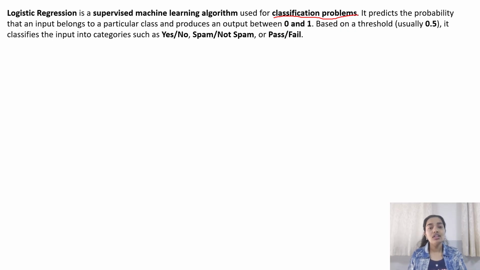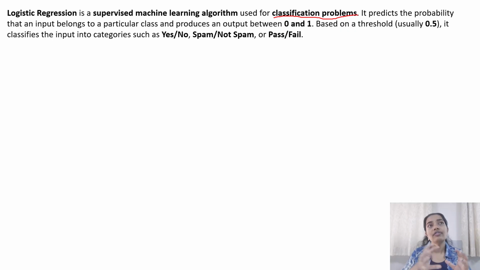The first thing is that it will find out the probability, and it will always give the answer in the form of 0 or 1. If we are considering pass or fail, then if the answer is 1 we can say that it is pass, and if the answer is 0 we say that it is fail.